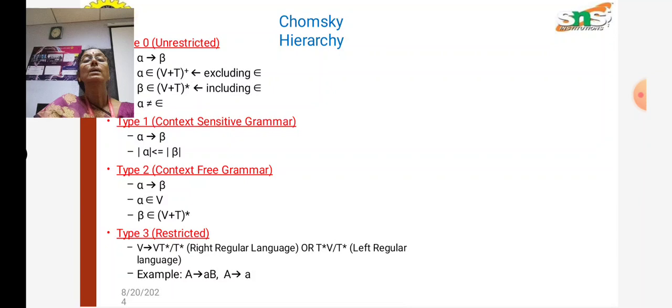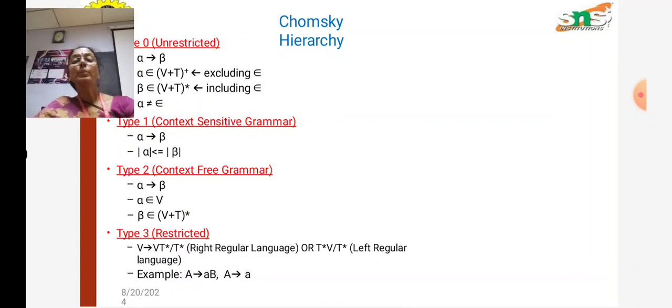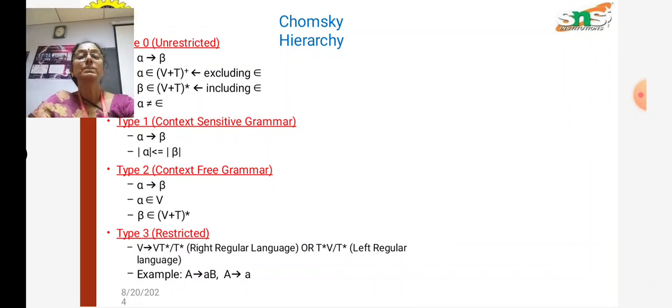This is the rule for type 3. So the left hand side should contain a single non-terminal, and the right hand side should contain a combination of non-terminals and terminals, but no two consecutive non-terminals should come adjacent. For example, A tends to small a capital B, or A tends to a: these two grammars belong to type 3.